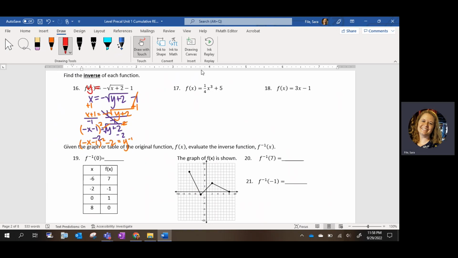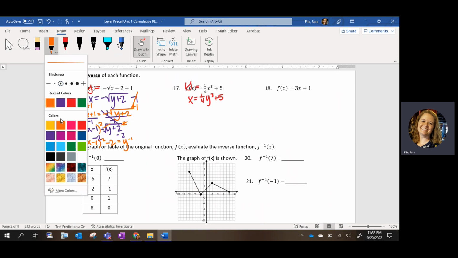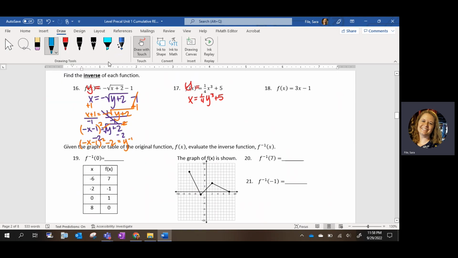All right, so again, pretend f of x is y, if that helps you. Then we're going to switch. So this would be x equals 1/4 y cubed plus 5. Okay, so working through it, I'm going to subtract the 5 first. So I've got x minus 5 equals 1/4 y cubed.